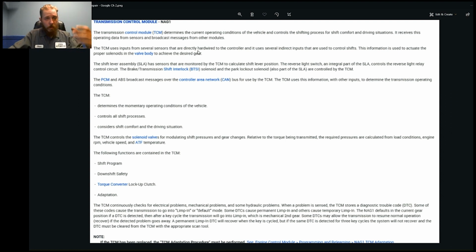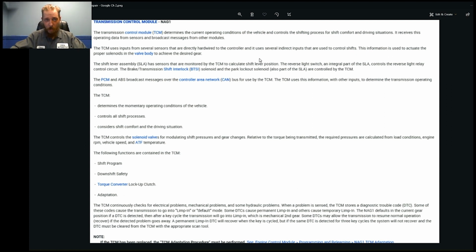All right. So, like I said, this is kind of where you see the words, they may not always make sense, so try to rephrase it in your head and see if it still jives. TCM uses inputs from several sensors that are directly hardwired, right? A direct input. Uses several indirect inputs that are used to control shifts.